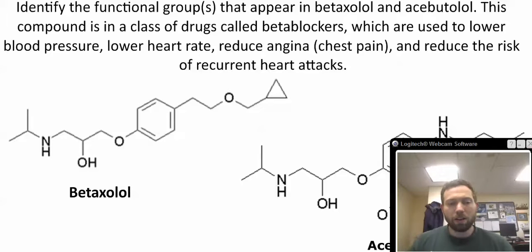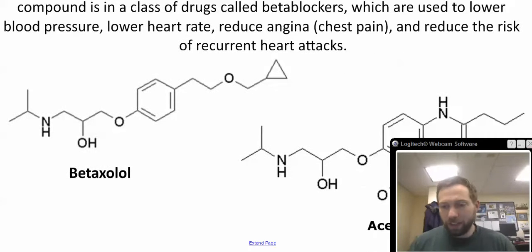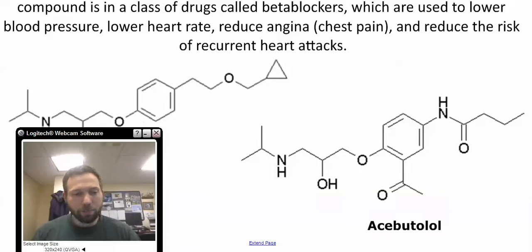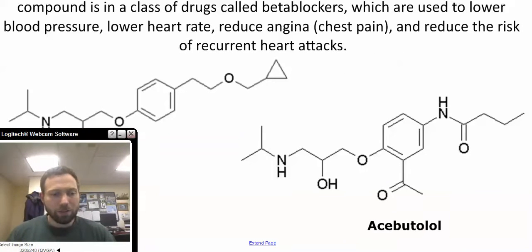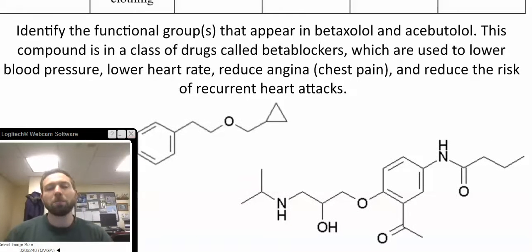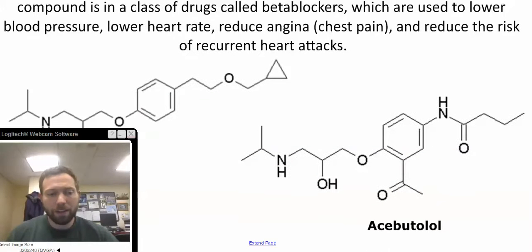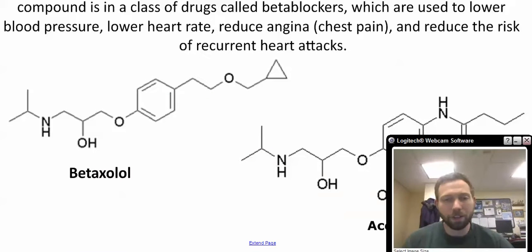One is butaxolol, and this is another example over here, acebutolol, and these two are beta blockers, and beta blockers are often used to lower blood pressure, to lower your heart rate, and to stop things like angina and reduce risk of heart attacks. So very, very helpful, these drugs. They have multiple functional groups on them, so we're going to label them just with circles here.